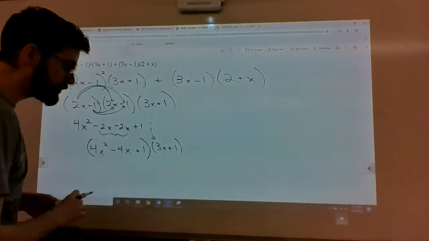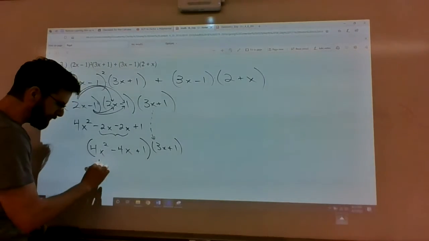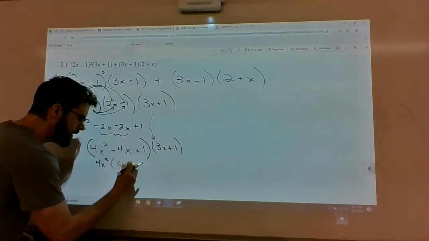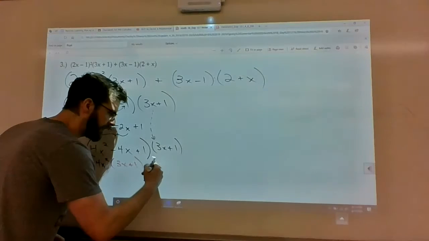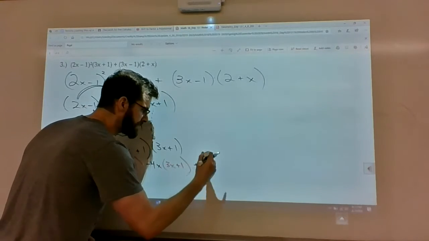All right, here's what it looks like. I'll map it out for you. I'll put the 4x squared first here, and then the 3x plus 1. I'll put the negative 4x here, then the 3x plus 1. Plus 1.